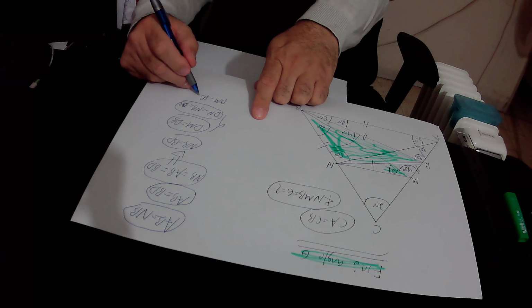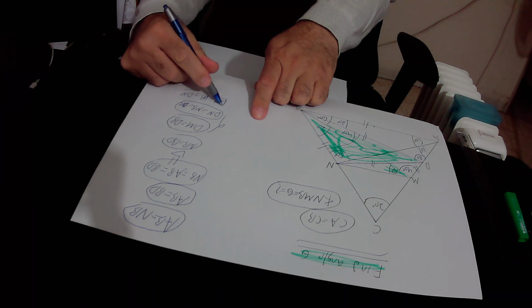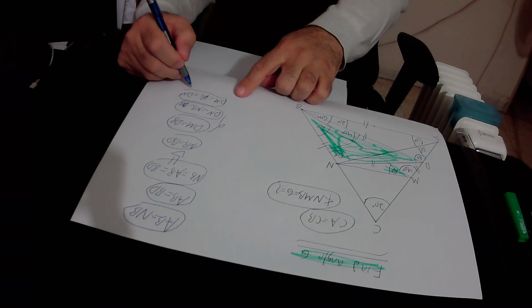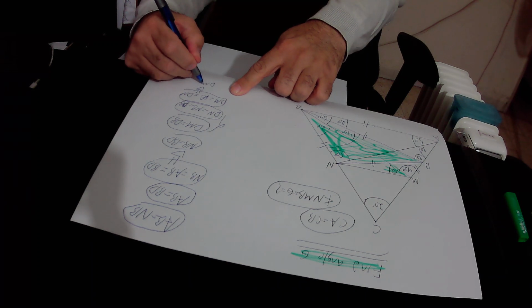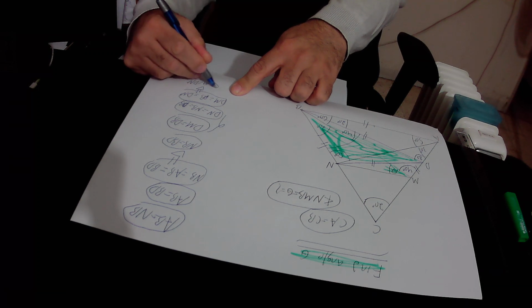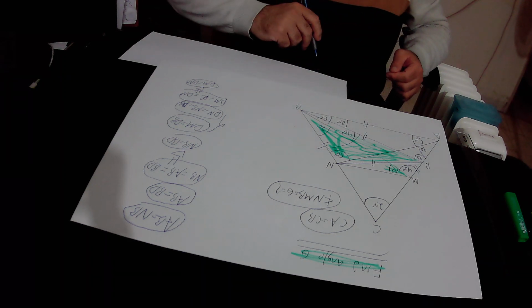So we can write here that DB equals DN. And from this equation, DM equals DB equals DN, we will derive that DM equals DN. Here, side DM equals side DN.